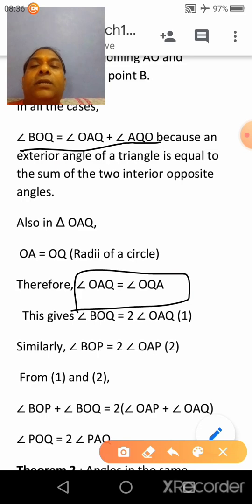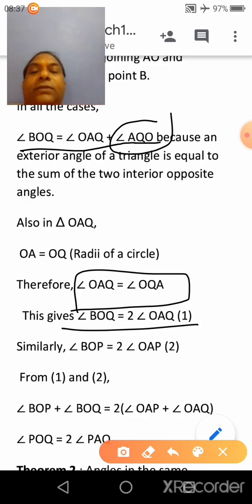So put OAQ in place of AQO, or OQA. Clear? So this will be equal to twice. Similarly, angle BOP will be twice of angle OAP.